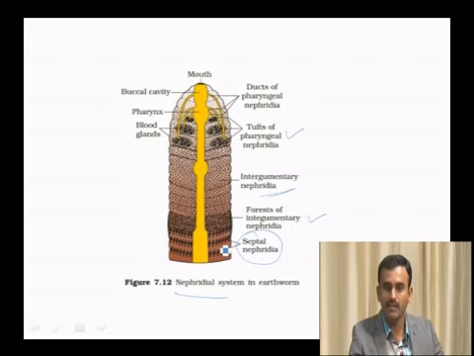Nephridia are the excretory organs, as I told you, which help in the elimination of nitrogenous waste, and the vermicompost is the undigested or partially digested waste which comes out of the body of the earthworm, rich in nitrogen, which is one of the macronutrients responsible for normal growth and development as well as for reproduction in plants.